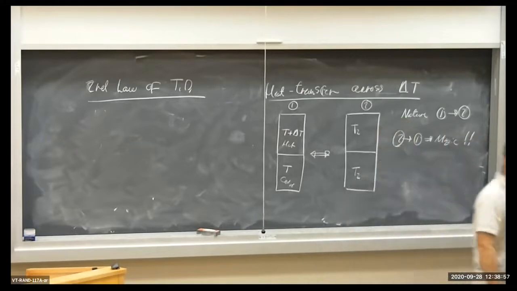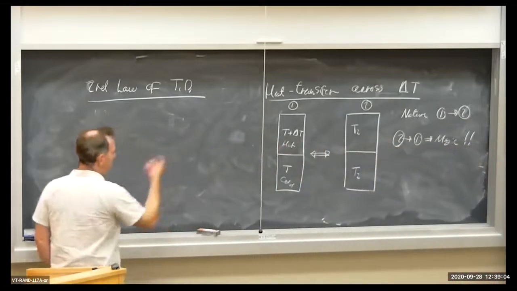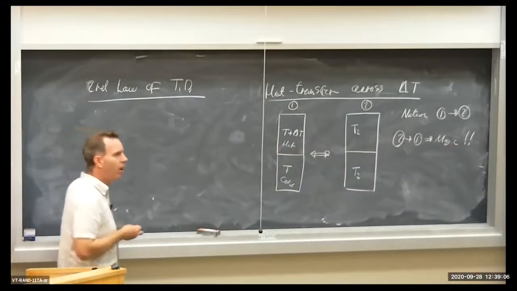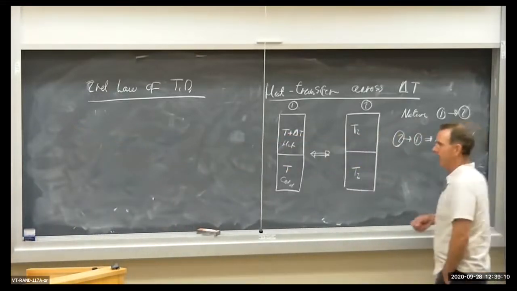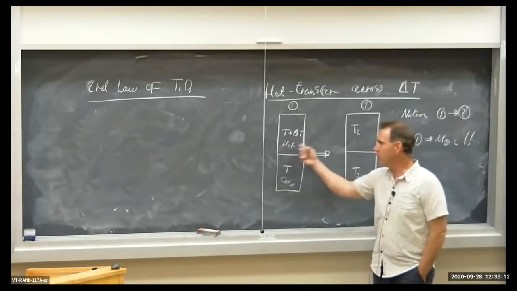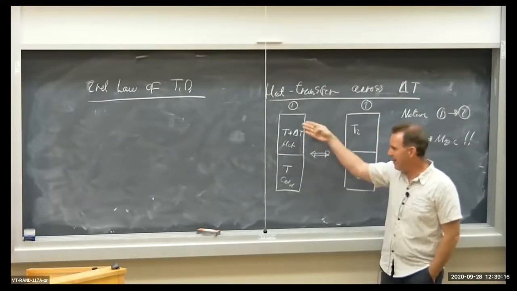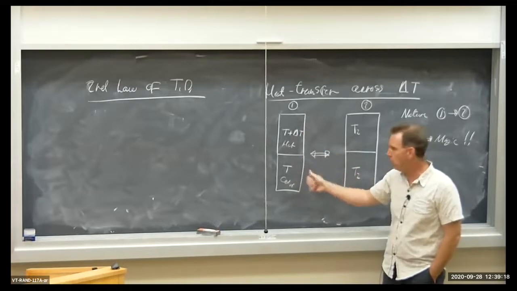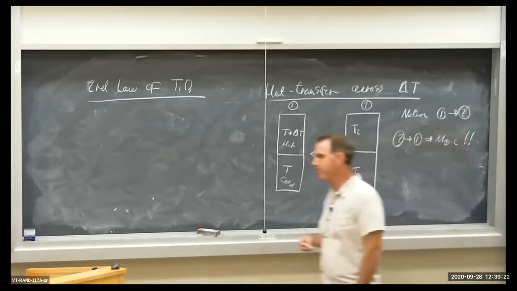So processes involving heat transfer over a finite temperature difference, delta T, are unidirectional in nature. They only occur from state 1 to state 2. Heat only spontaneously, naturally flows from hot to cold, not the other way around.